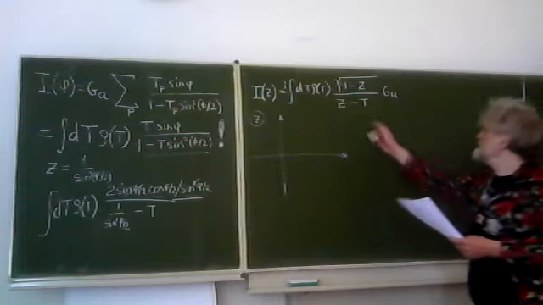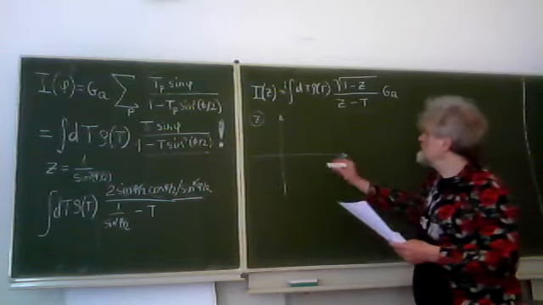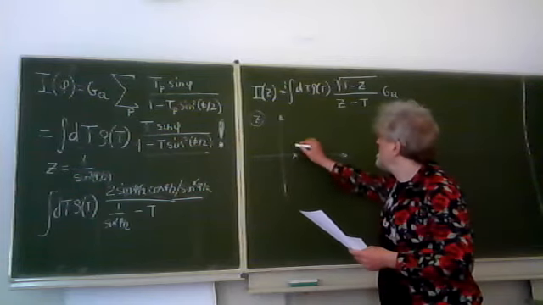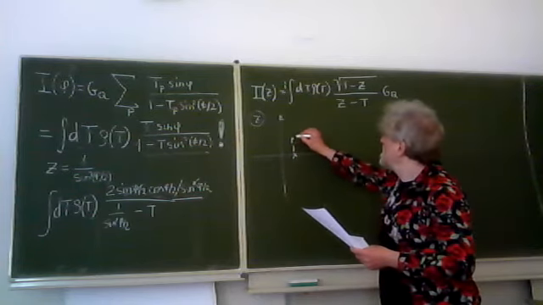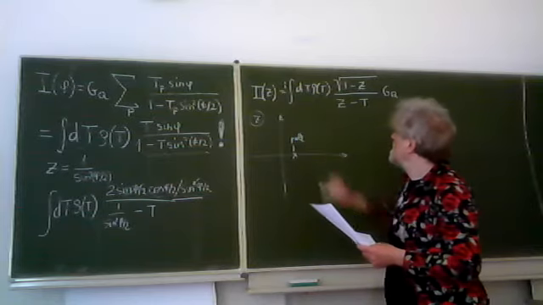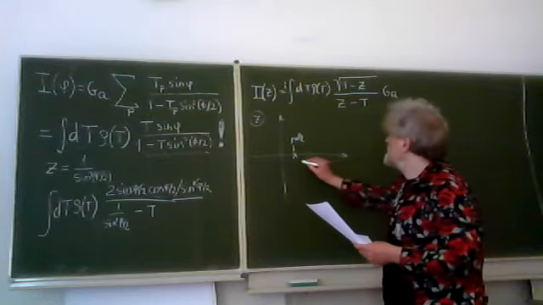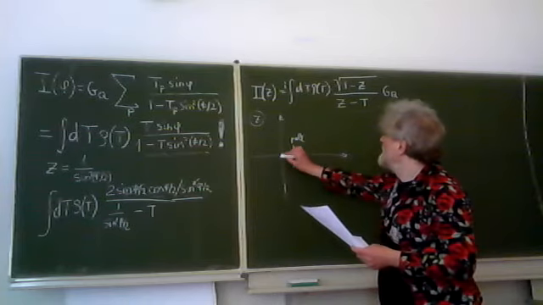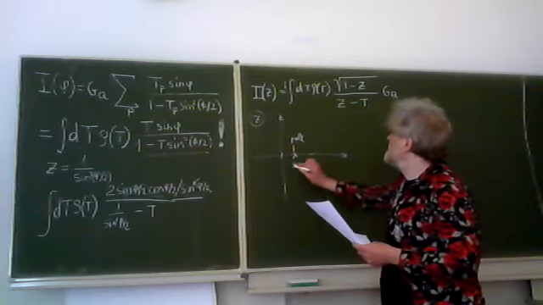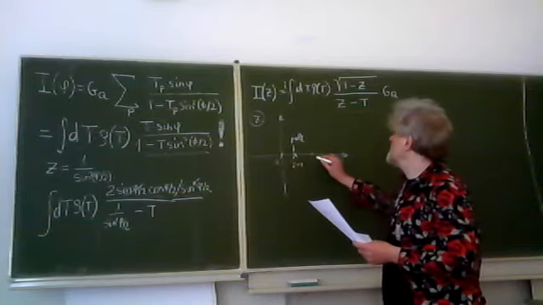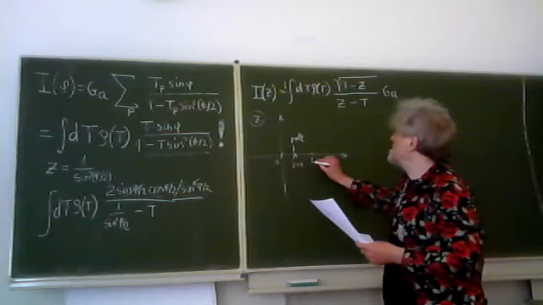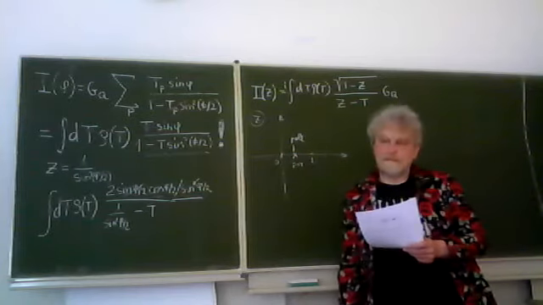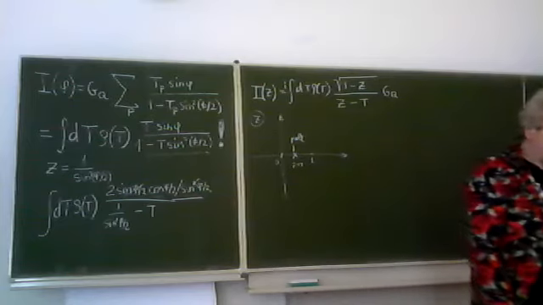Then this function has a pole at z equals t, which is in the interval from 0 to 1. Fine.